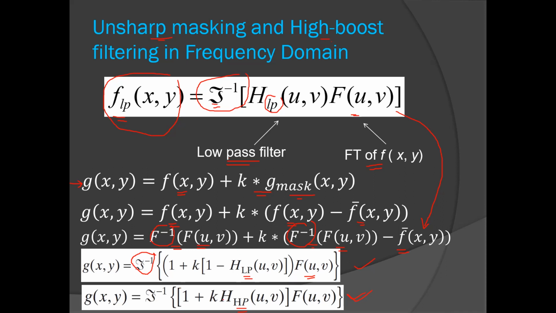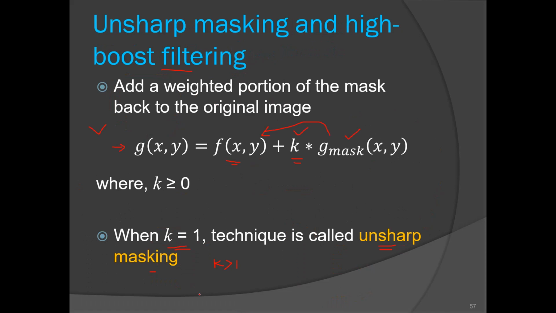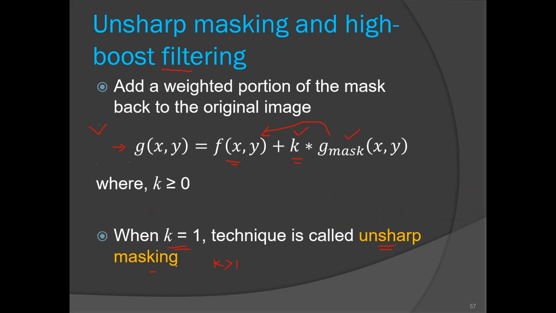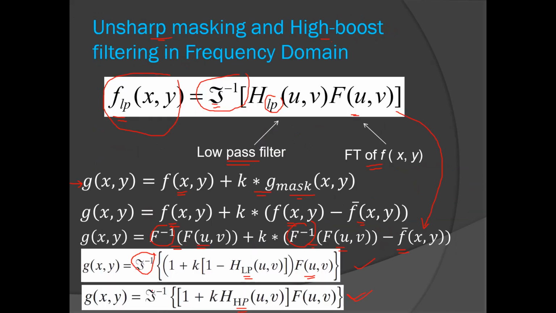This square bracket represents our filter. If you compare the Laplacian equation, which is g of xy equals the inverse Fourier transform of some kernel times f of uv, here we have 1 plus 4 pi square D square of uv, and in unsharp masking we have the inverse Fourier transform of this kernel times f of uv.